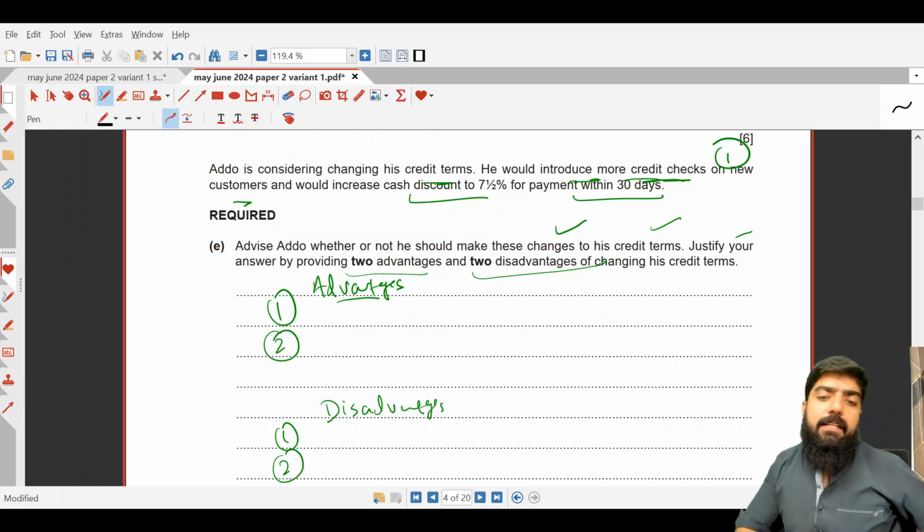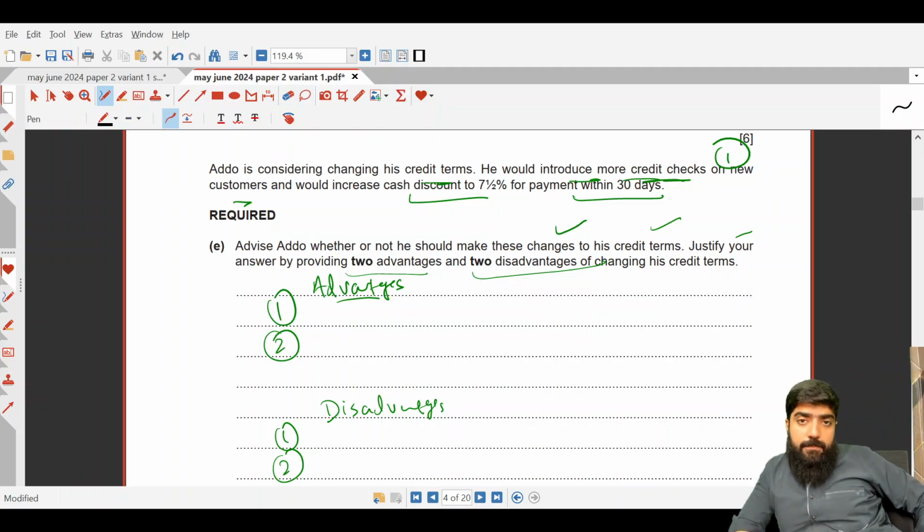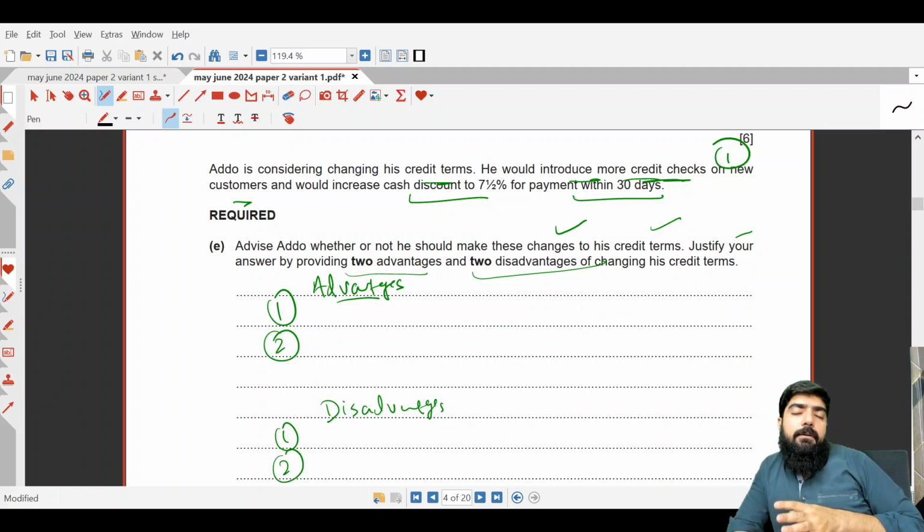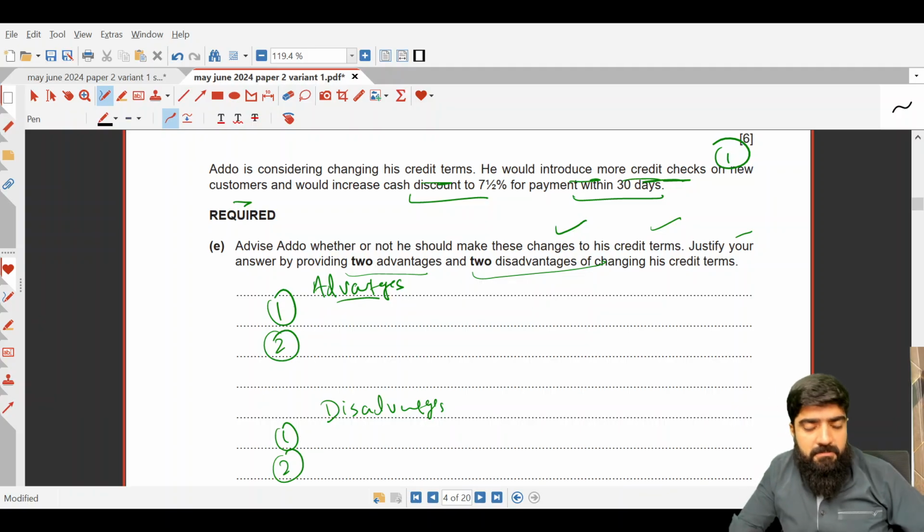Credit checks means that they will first verify the customer. They will not sell the goods randomly. If the customer has a good credit standing, then they are going to sell goods on credit. If the customer has some doubt on the credibility, obviously they are not going to sell goods on credit.